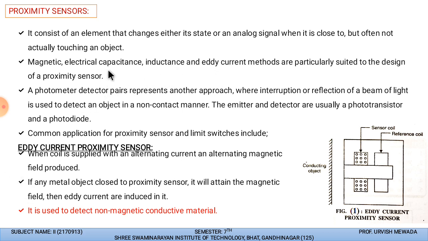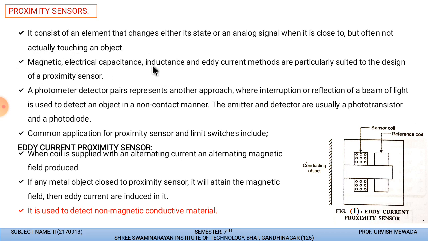Magnetic, electrical capacitance and inductance, and eddy current methods are particularly suitable to design the proximity sensor. So basically the proximity sensor uses the principle of electromagnetism, capacitance and inductance.